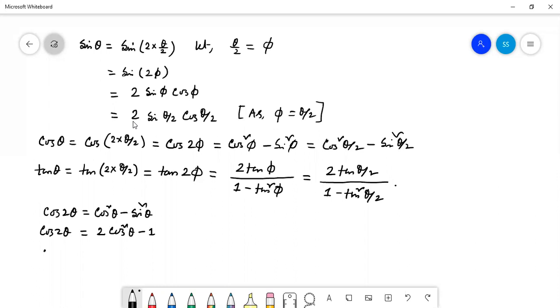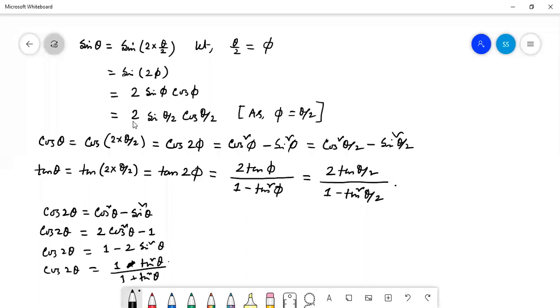Again, cos 2 theta can be written as 1 minus 2 sin square theta. Again, this cos 2 theta can be written as 1 minus tan square theta by 1 plus tan square theta.